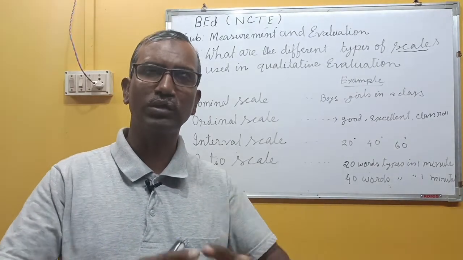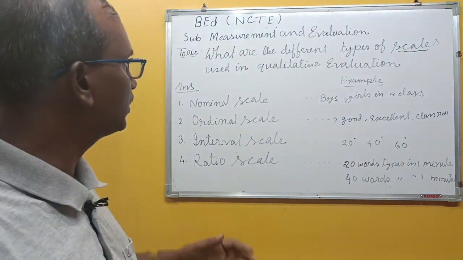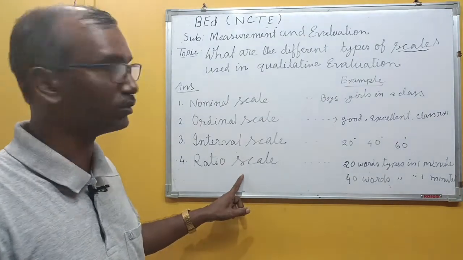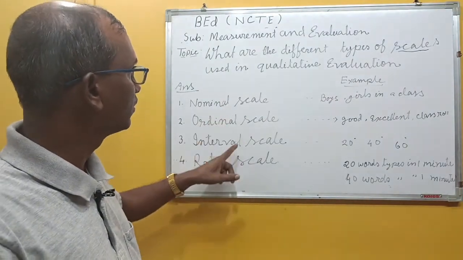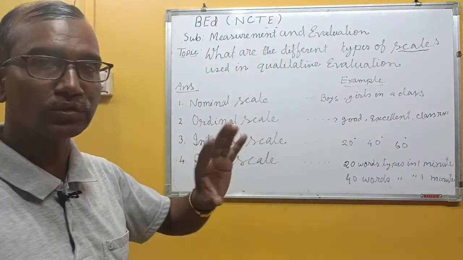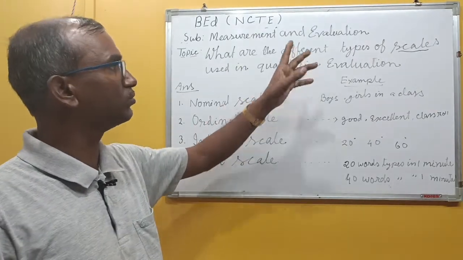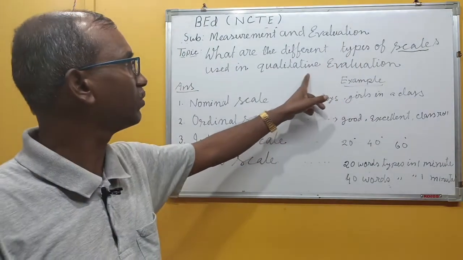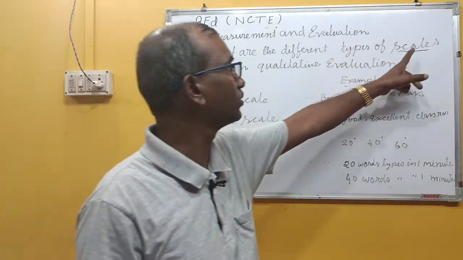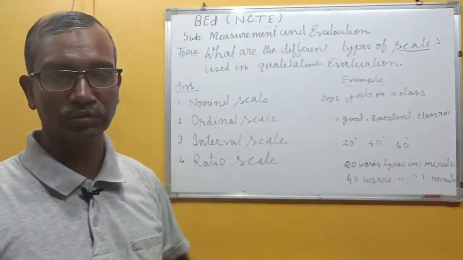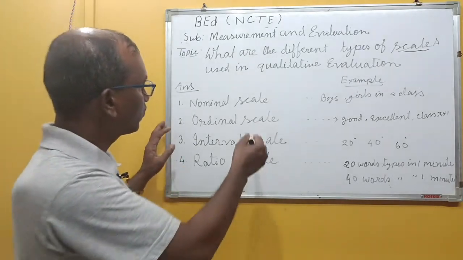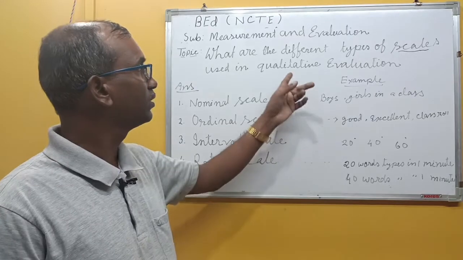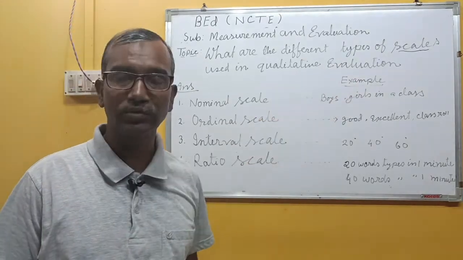But in qualitative evaluation, usually all these four types, as we have mentioned here, are different types. Actually, if you forget this question, our topic will be scales of qualitative evaluation or scales of evaluation. So there are four scales of evaluation in the field of qualitative evaluation.